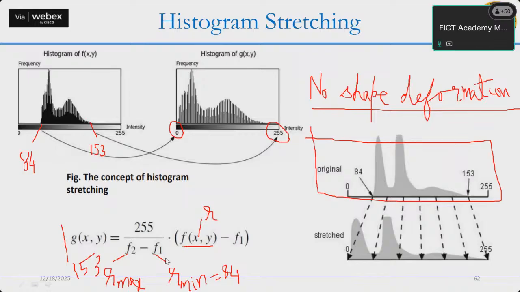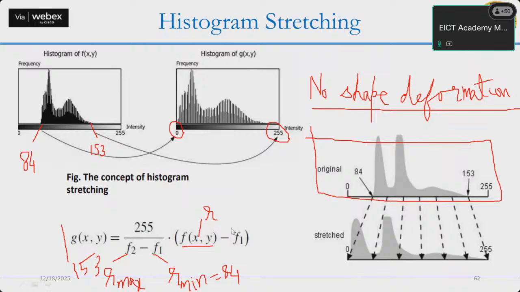So what we are saying is that when the initial R was 84 and we put it in this formula, 84 minus 84 will be 0. And in the last value, when it was 153, because fxy will always vary while F2 and F1 are fixed values, fxy in the last value is 153.